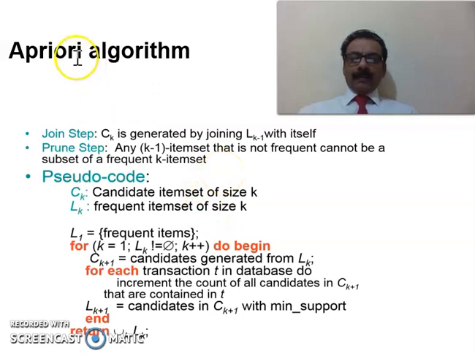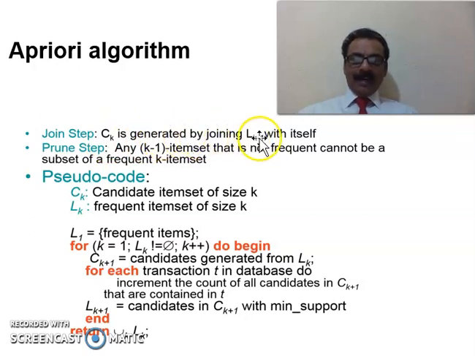Now, let us have a look into the apriori algorithm. As I told you at the beginning of this video, there are two things: one is the join step and another is the prune step. In the join step, you would be seeing C. C is the candidate item set, the item sets which are eligible to be considered for checking whether they are frequent item sets or not.